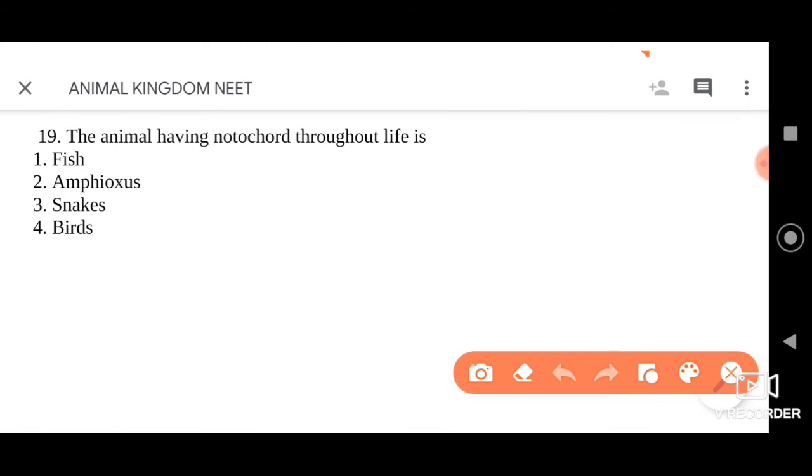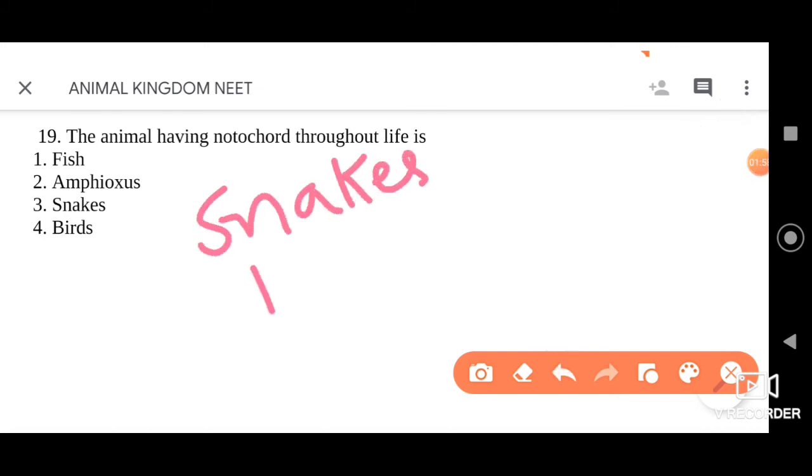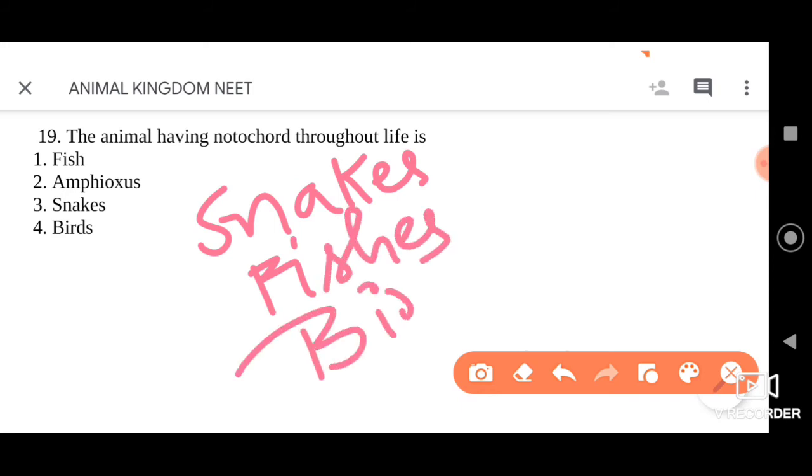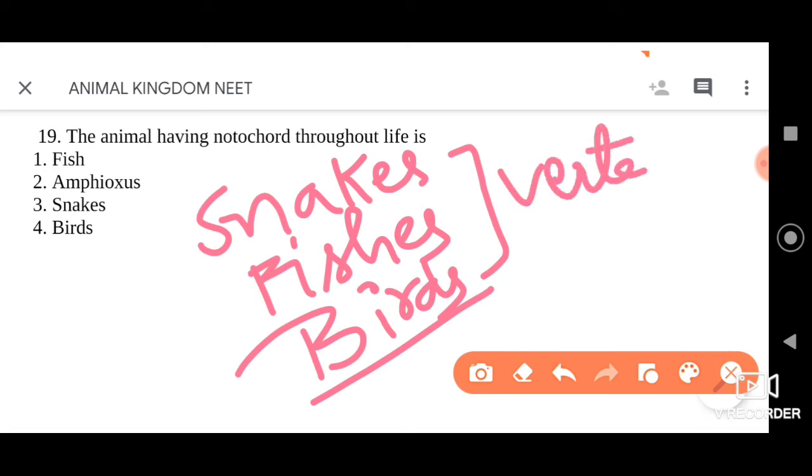In some of the chordates, for example the options which are given, say snakes, fishes and also birds, the notochord is replaced by the vertebral column.